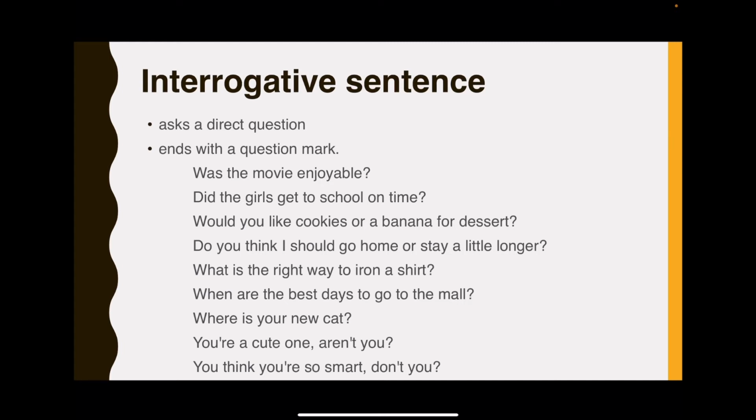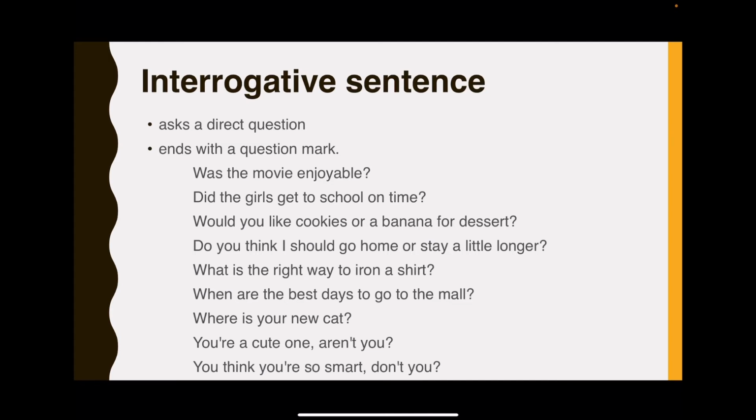If you are using the statement in the negative structure, then you need to form the question tag in the positive one. So this is the way that we can use the interrogative sentence, just to ask some kind of questions.